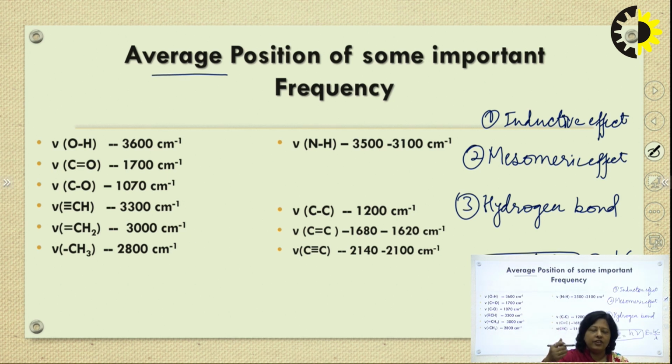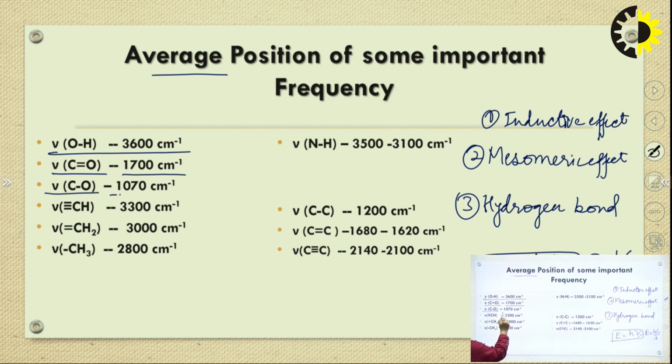Whatever the factors, when stability increases, the energy gap will be reduced and the frequency will reduce, and similarly we can find out in this pattern. So the main point here is the average position. What we have to learn is that the OH frequency mean position is 3600 centimeter inverse, C double bond O 1700 centimeter inverse, C single bond O 1070 centimeter inverse.